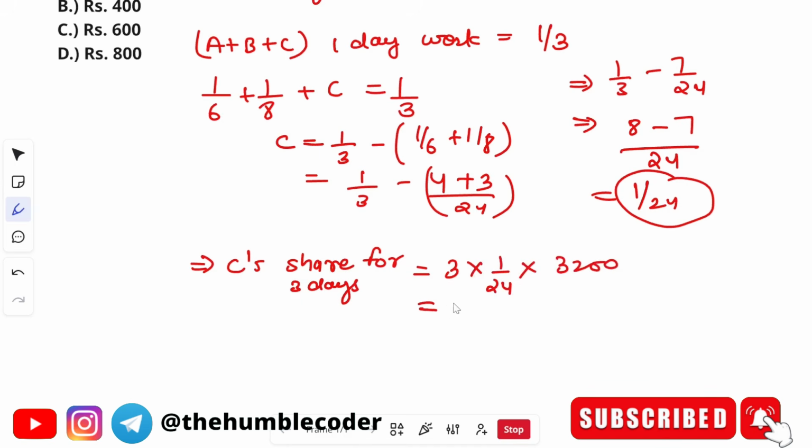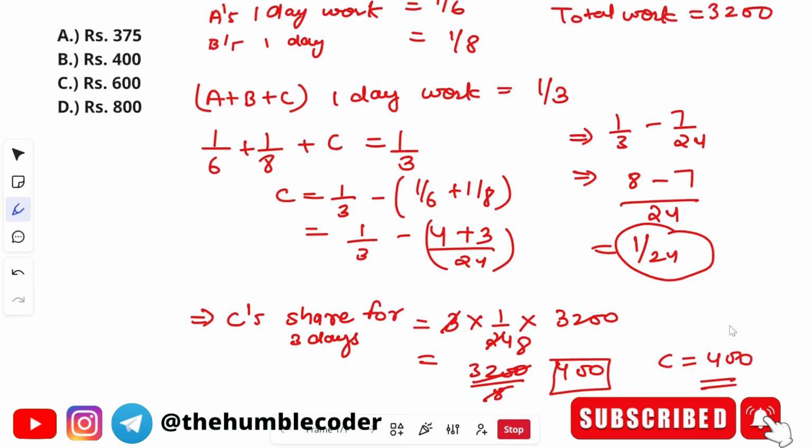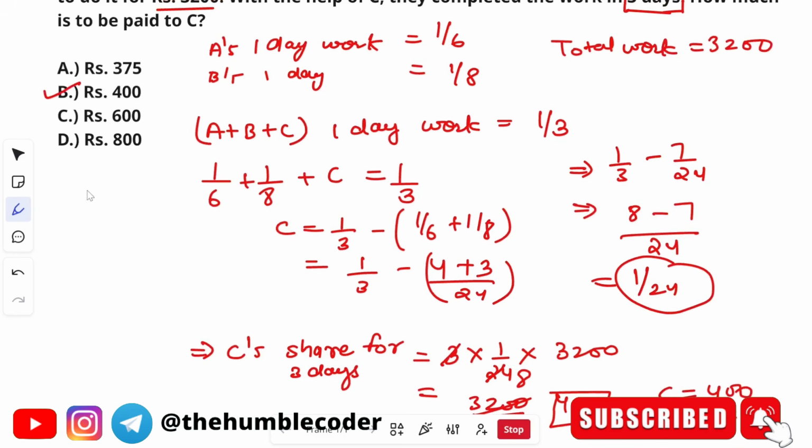So when we solve this, we will find out the share of C easily. 3 8s are 24, and then we will have 3200 divided by 8, which will be, 8 4s are 32, so 400 is the amount which C is going to get. C's share will be 400. So let's see if we have that option. Yes, option B is 400, which is the correct answer for this question.